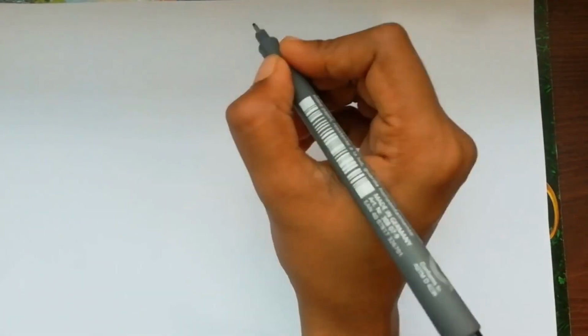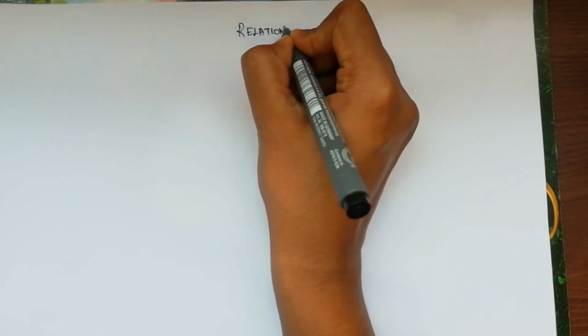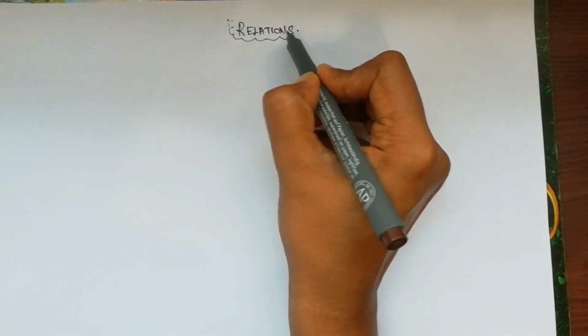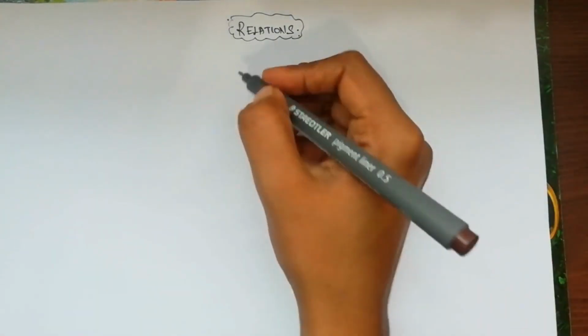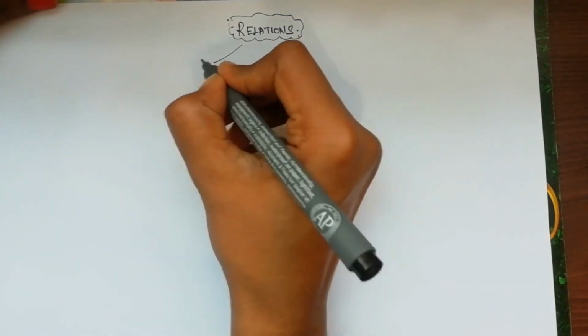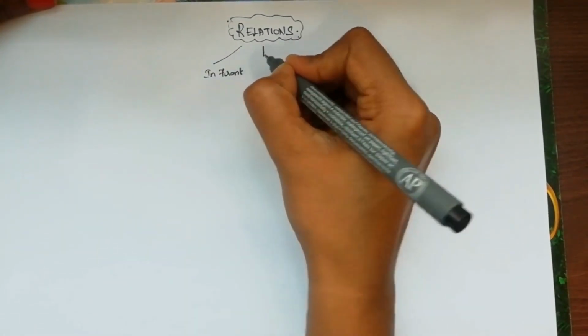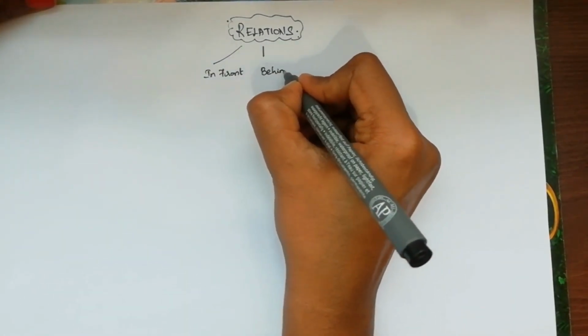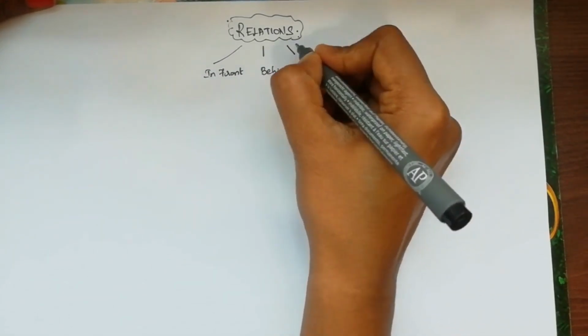So, talking about the relations, we are going to deal with the relations of the abdominal aorta now, under 4 subheadings. We are going to divide this into 4 categories: in front or anterior aspect of the abdominal aorta, behind, and on the right and left.